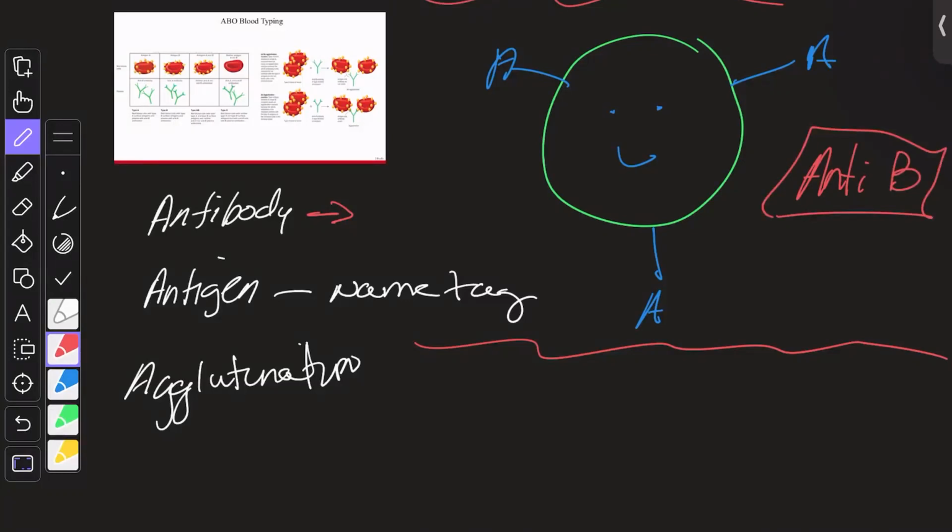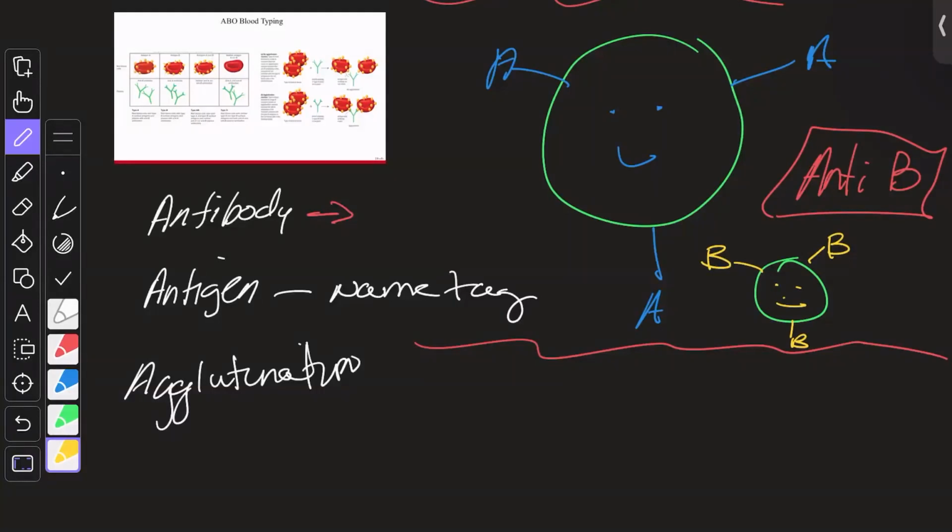Which means if I transfuse with somebody who has B blood, so if I put a blood cell in here that has B's, it's a compulsion. I can't help it.